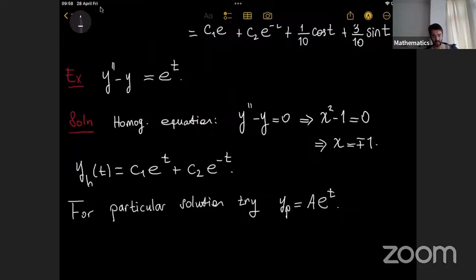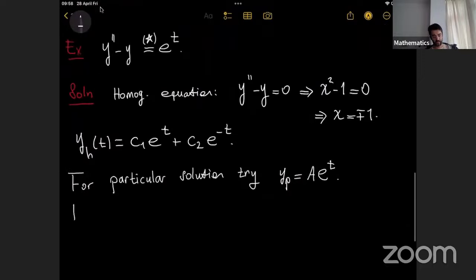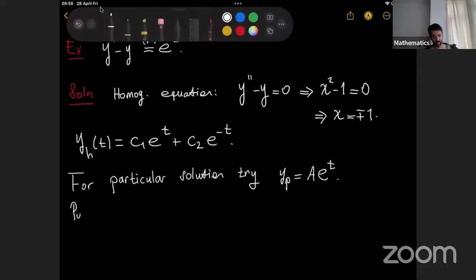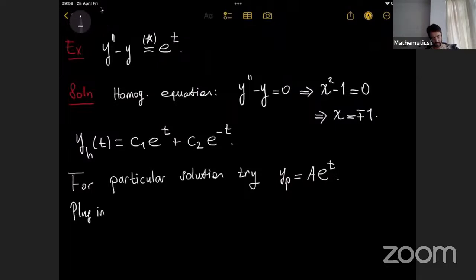So when you plug this into star here, what you get is, the second derivative minus itself, it's going to be 0, right? A e to the t second derivative minus a e to the t is 0. This is not surprising because e to the t is the solution of the homogeneous equation. It's equal to 0.